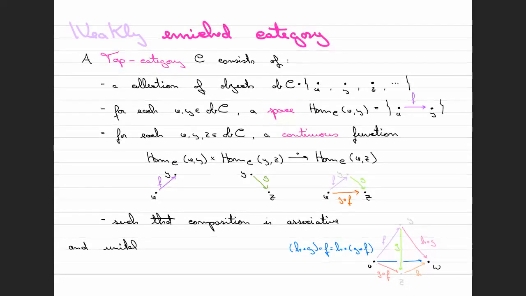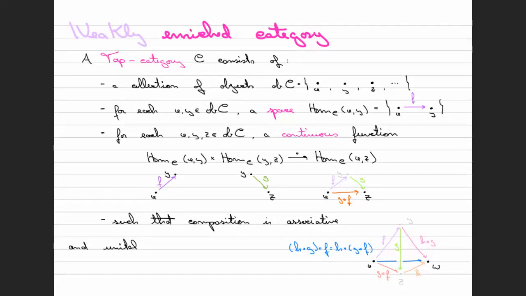Then for each triple, we have a composition function that now we require to be continuous. So it's the natural choice of map between topological spaces. And then again, we ask that composition is associative and unital. So it's basically a category, but in the set of arrows, we have a topology. So for example, the category of smooth manifolds with smooth maps between them is a topological category because we can put a topology, the compact open topology, for example, on the set of maps from one manifold to another manifold.